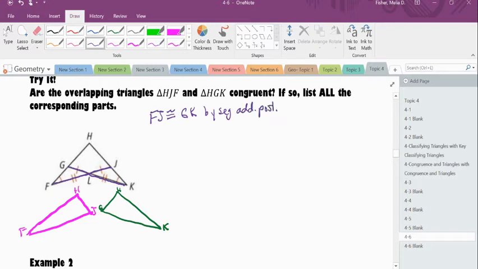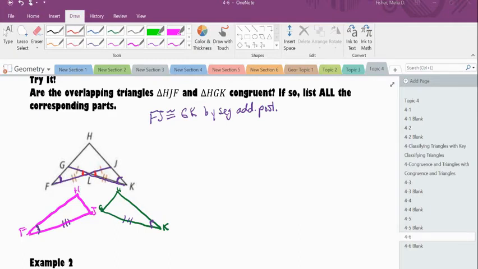The segment addition postulate tells us if we add those pieces together, then we're good to go. So let's mark that side congruent to that side in our picture. We also know from the given information that that angle and that angle are congruent. So going back to the picture, we have this angle right here congruent to this angle.